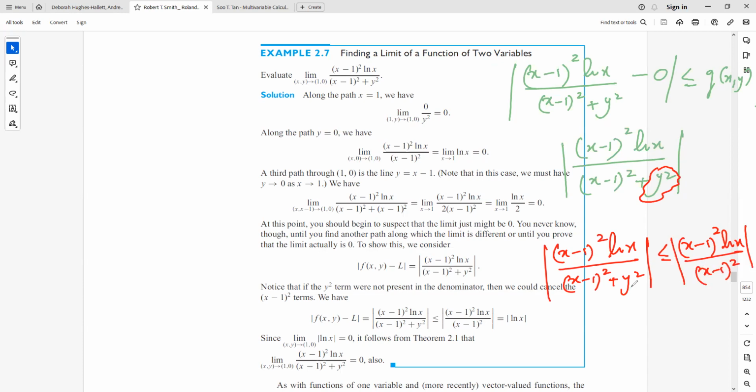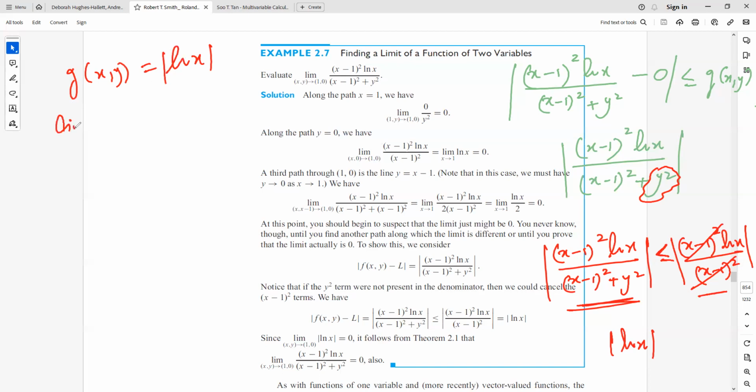Because we are removing this y squared, and because of the y squared present here, the denominator is bigger and the value of the whole function is going to be smaller. Therefore, if we remove this y squared, then this value is going to be less than or equal to this one. Now here we can see that these cancel out and we are left with mod of ln x. So the function g of x comma y we get is mod of ln x.